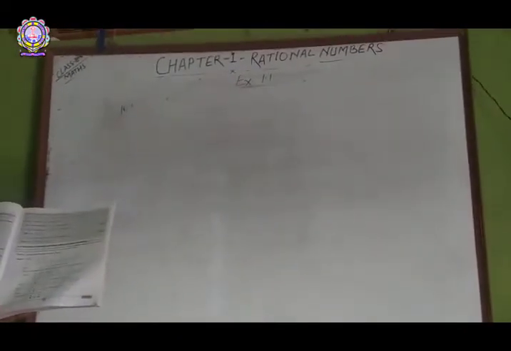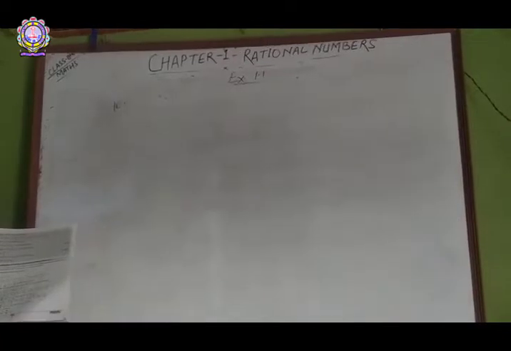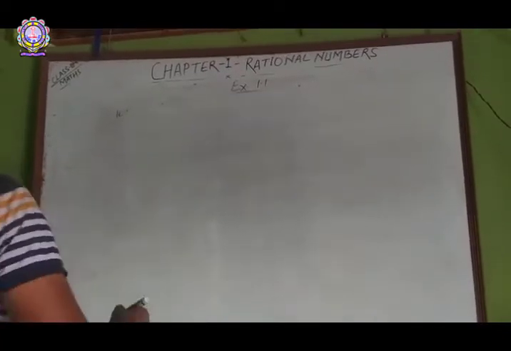Find the product of 3 upon 5 and the reciprocal of minus 4 upon 9.